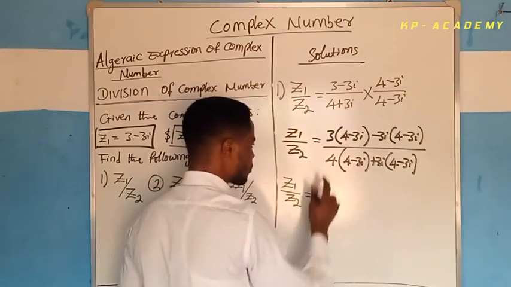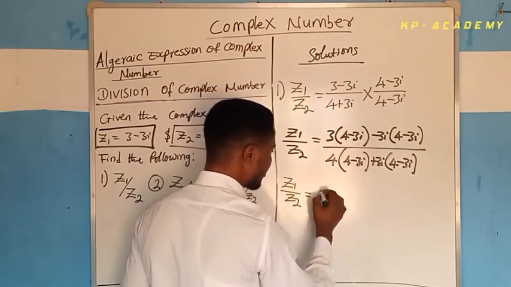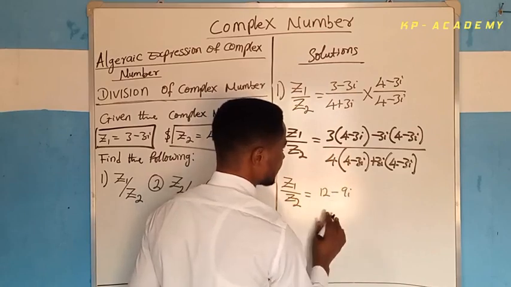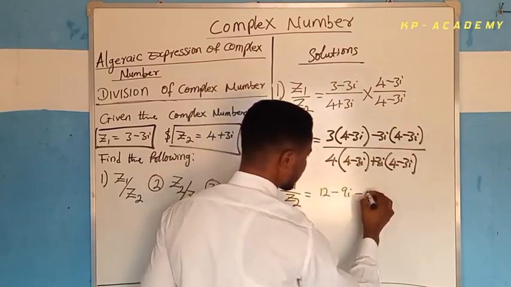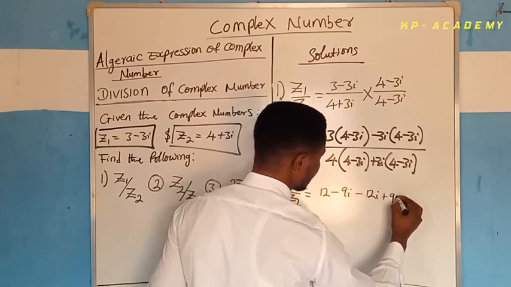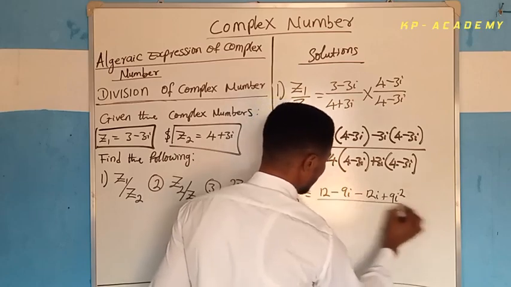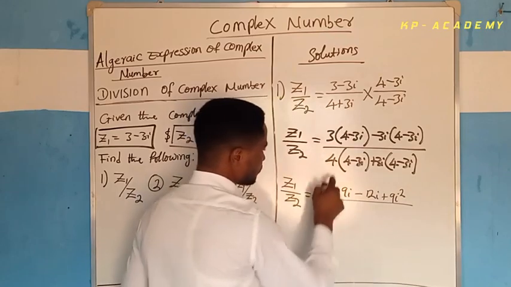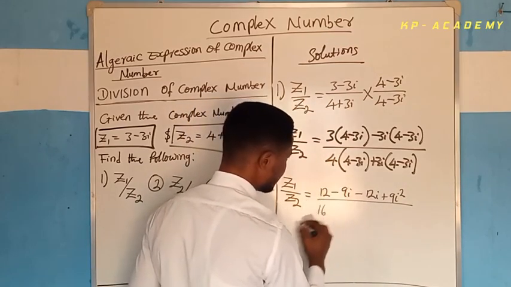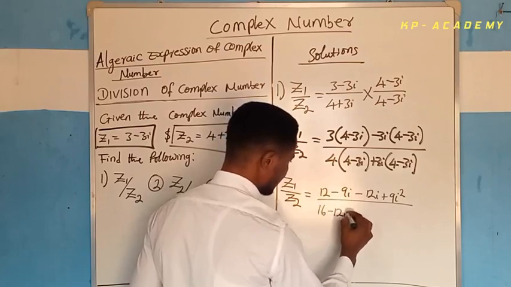So starting with this one, over here we have 12 minus 9i. Over here we have minus 12i plus 9i squared, all over. Over here we have 4 times 4, 16. We have 16 minus 12i.